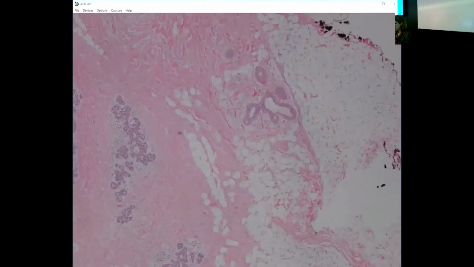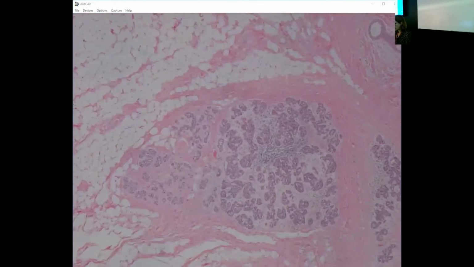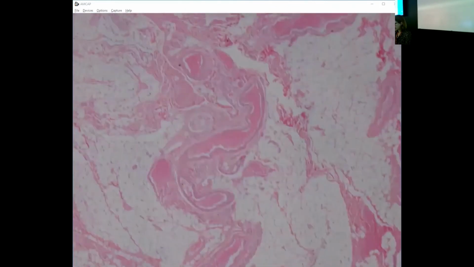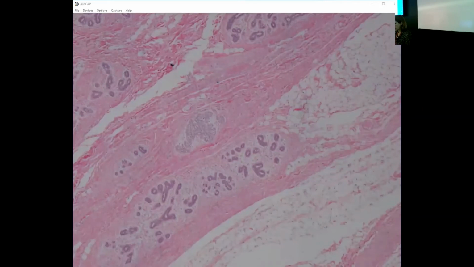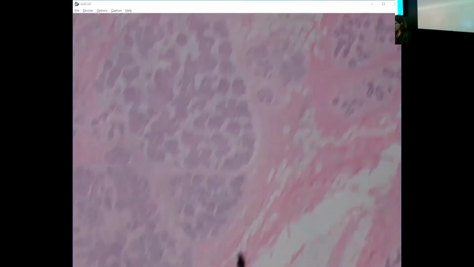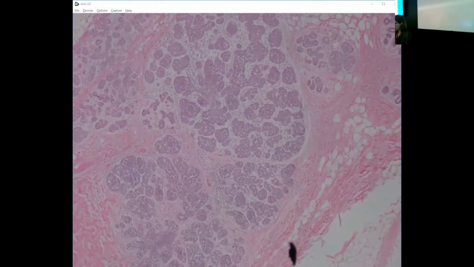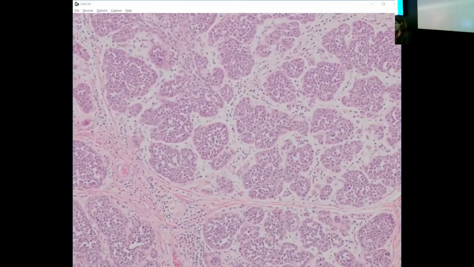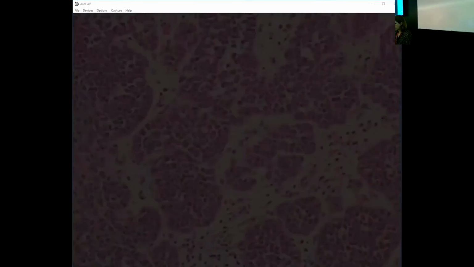So this one is just to contrast with DCIS, high nuclear grade. You can see on low power, as I'm scanning around, it looks more like a discohesive population. So on low power, you'd be thinking of LCIS, I think. And then going on higher power, you can see that it is quite discohesive.